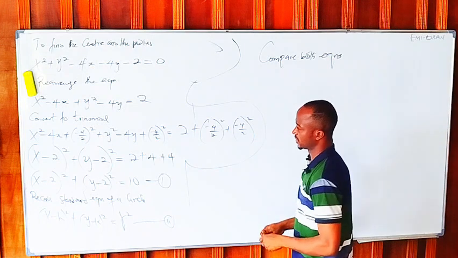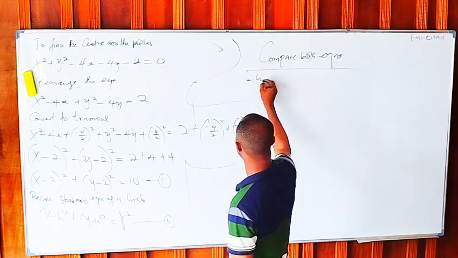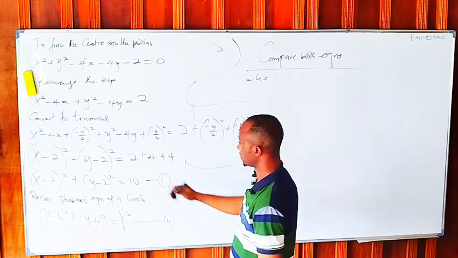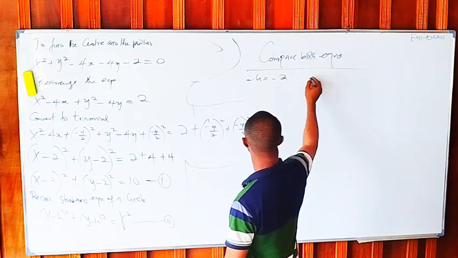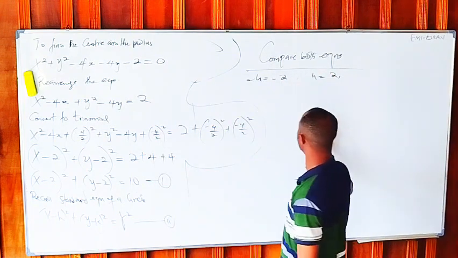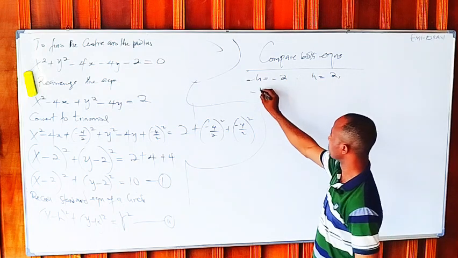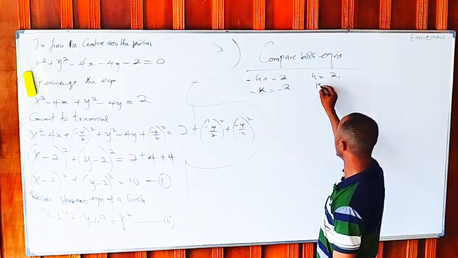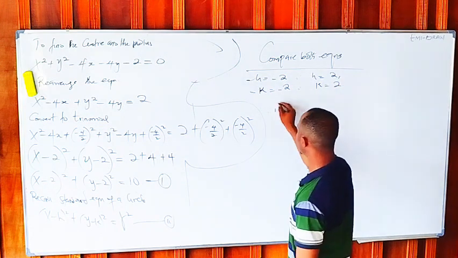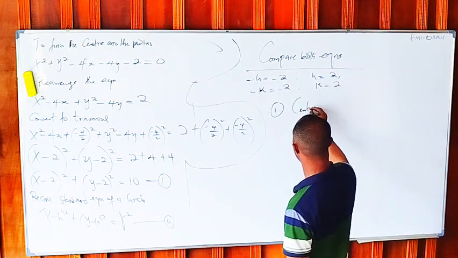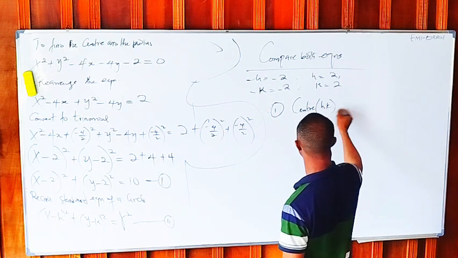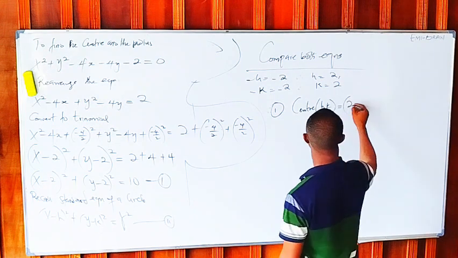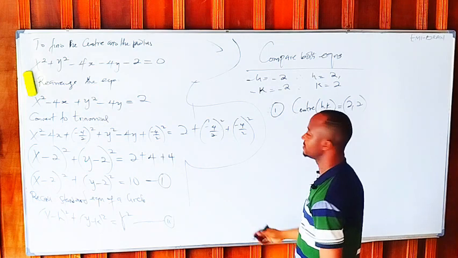By the time we compare, minus h equals minus 2, therefore h is 2. Also, minus k equals minus 2, therefore k is 2. So we can say that our center, h comma k, is 2 comma 2.